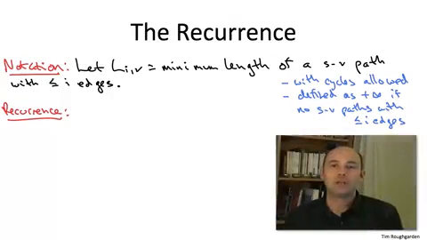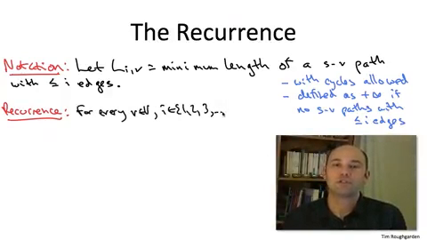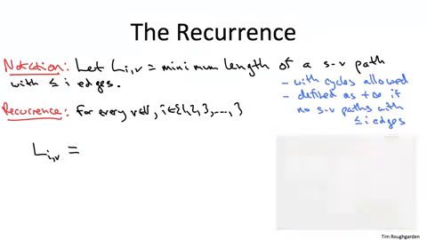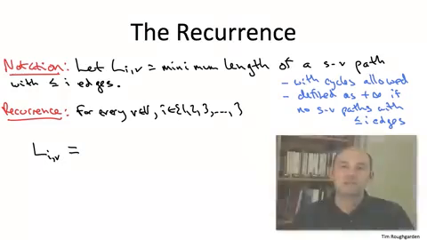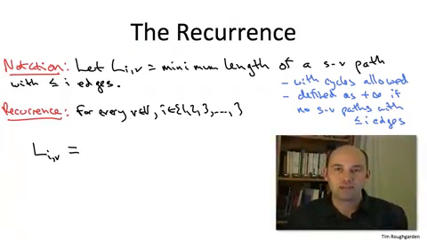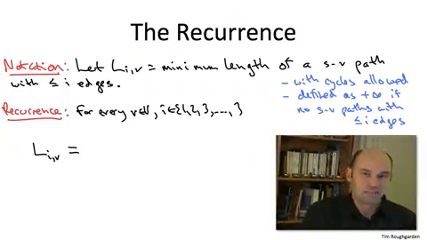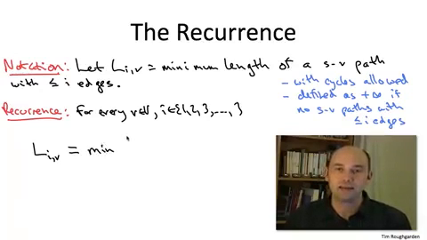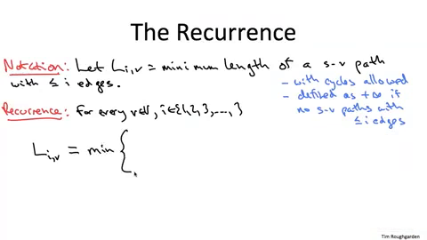And as usual, the recurrence, which is going to be defined for every positive integer I and every possible destination V, just states that the optimal solution value for the subproblem is the best of the possible candidates identified in the optimal substructure lemma. That is, capital L sub I,V, the optimal solution value for the subproblem with parameters I and V, is the best of all of the possibilities. So let me start with a minimum to take the best of the case 1 candidate and the case 2 candidate.